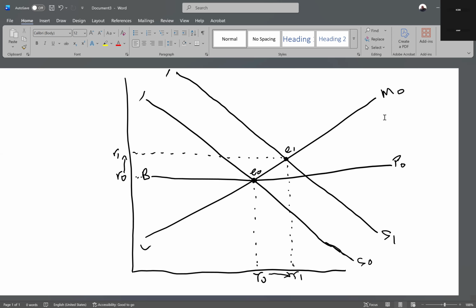There is an excess of foreign exchange. Excess of what? Excess supply of foreign exchange, you get it? If you say excess of foreign exchange, you haven't said anything.